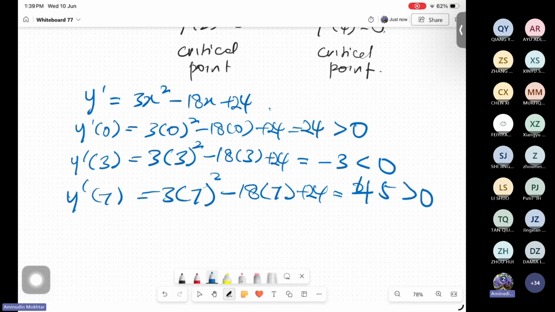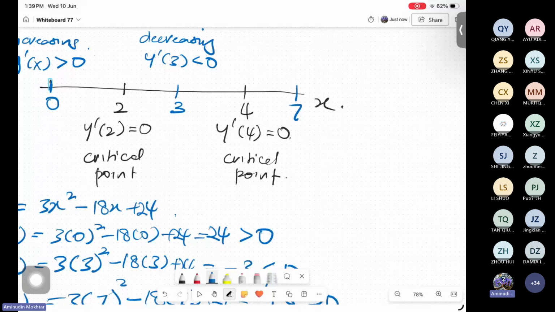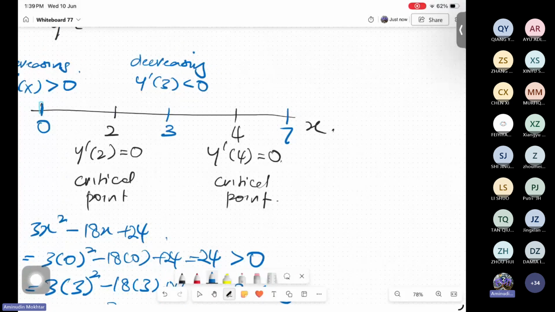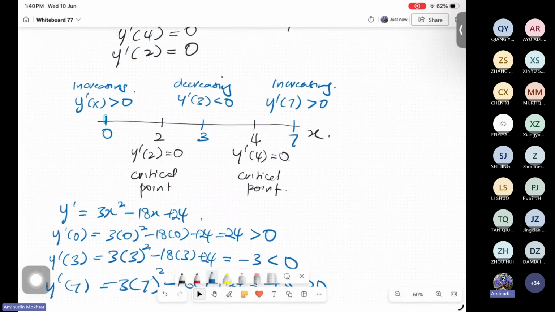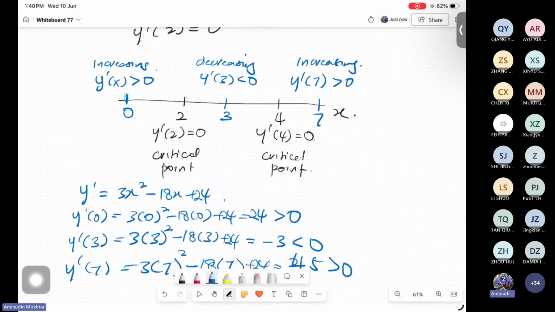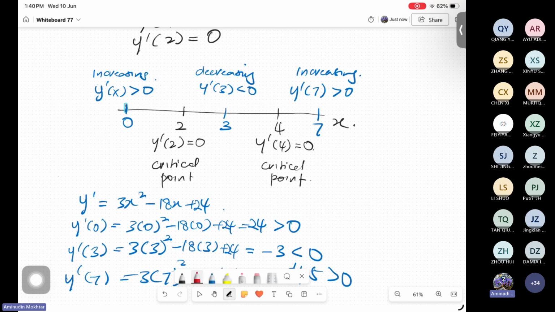It is positive. So now we know that after x equals 4, the slope at 7 is again positive, so the function is increasing. Based on this finding, we can conclude that before x equals 2, the function is increasing.